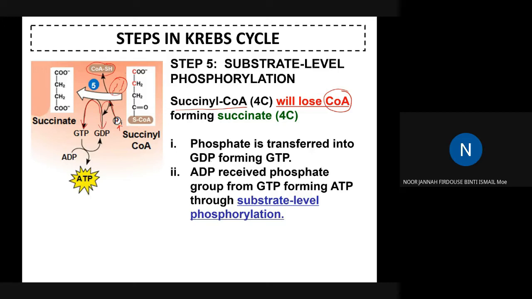Okay. So GTP will transfer the phosphate, kita dah cakap the phosphate, tak boleh cakap phosphate inorganic lagi. So GTP then will transfer the phosphate to ADP and form ATP through substrate level phosphorylation. So the succinate is formed. Ada soalan?